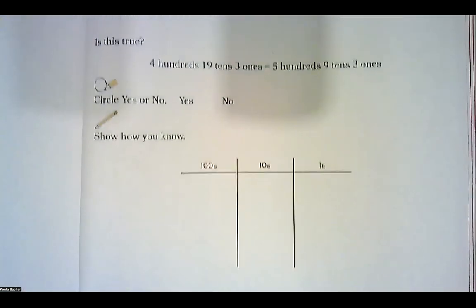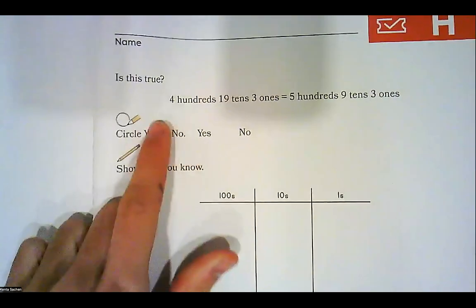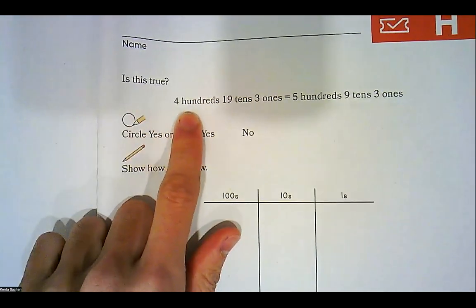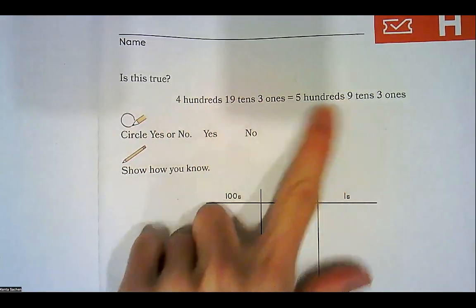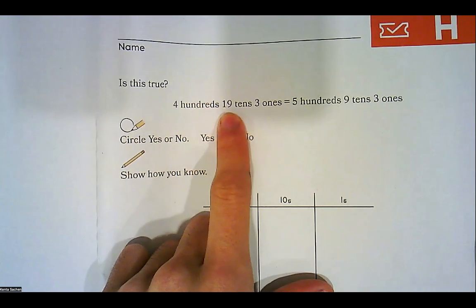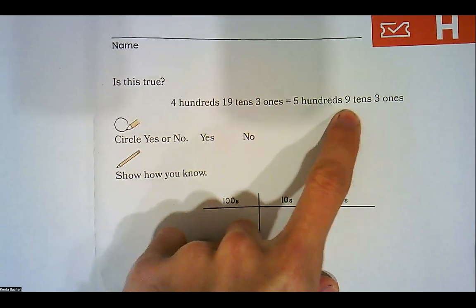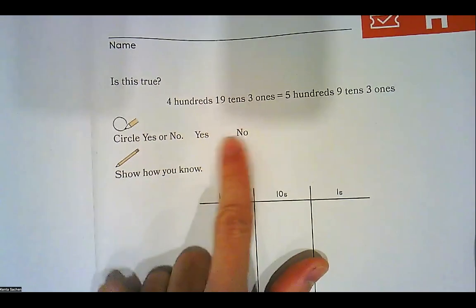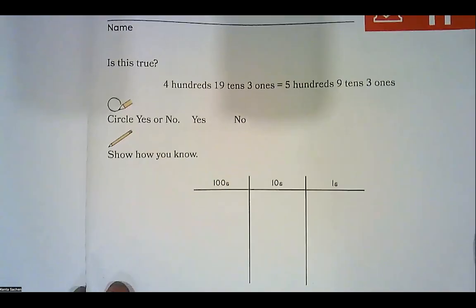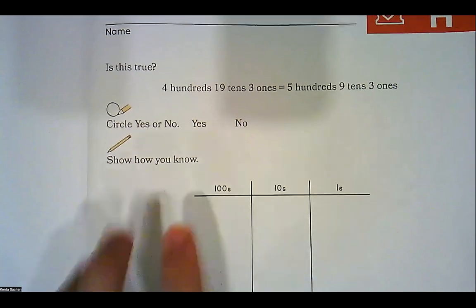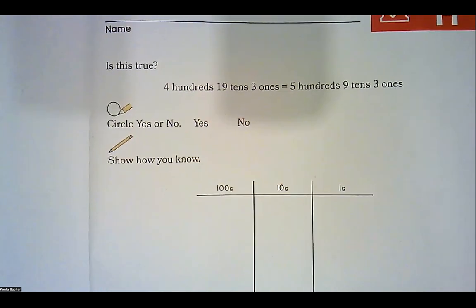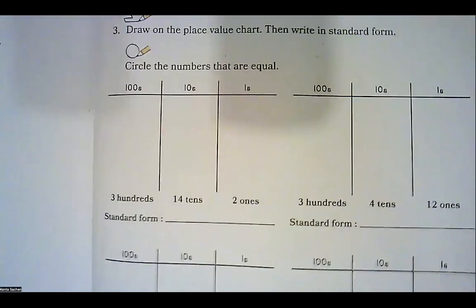Looking ahead to today's exit ticket, you're going to be testing out whether this is true. Is 400s, 19 tens, and 3 ones the same as 500s, 9 tens, and 3 ones? You're going to circle yes or no. Now, I don't just want you to guess and circle yes or no. I want you to show me your work, just like you did on these first couple pages, right?